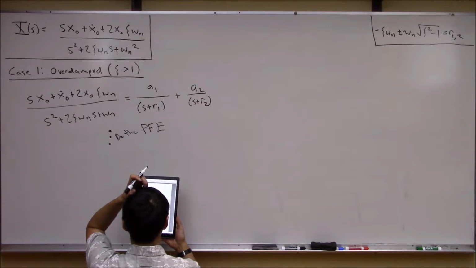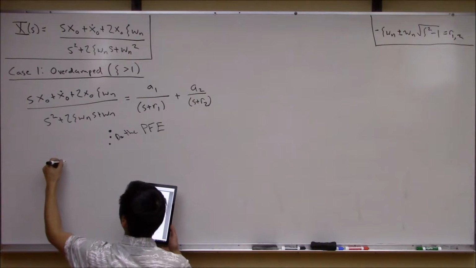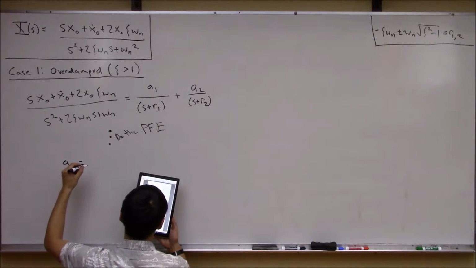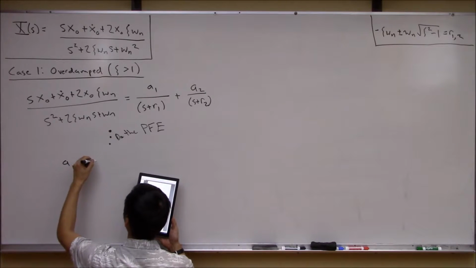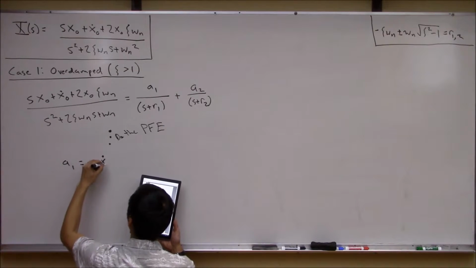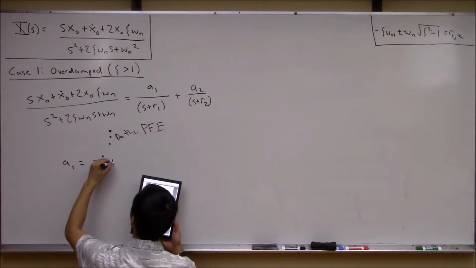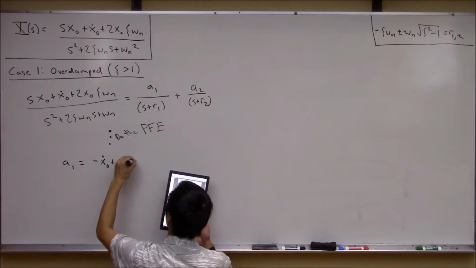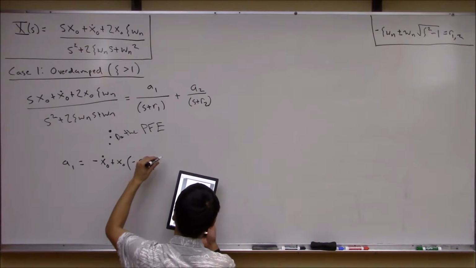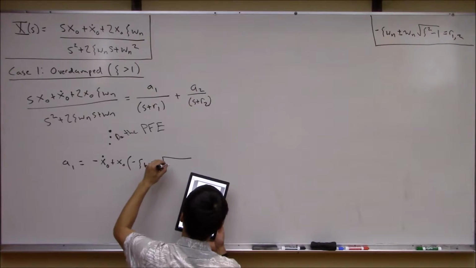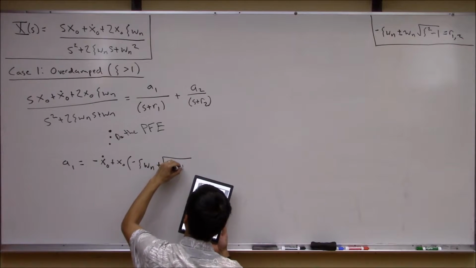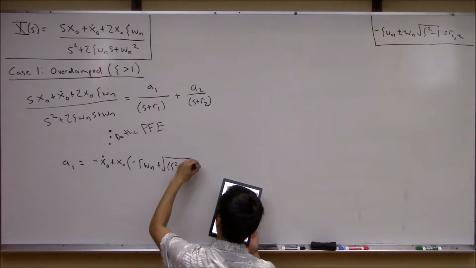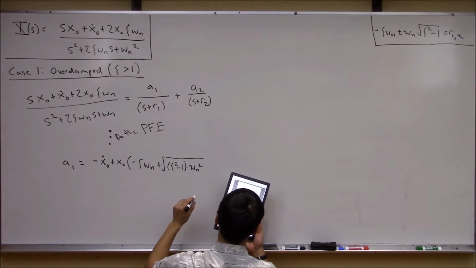Instead, what I will give you is that A1 coefficient, right? By the time you do this math, A1 is going to look like, oh gosh, this thing is not pretty, but it's definitely doable in a symbolic manipulator. So negative x dot 0 plus x0 times the quantity negative zeta omega n plus square root of zeta squared minus 1 times omega n squared, all this underneath the radical like such.